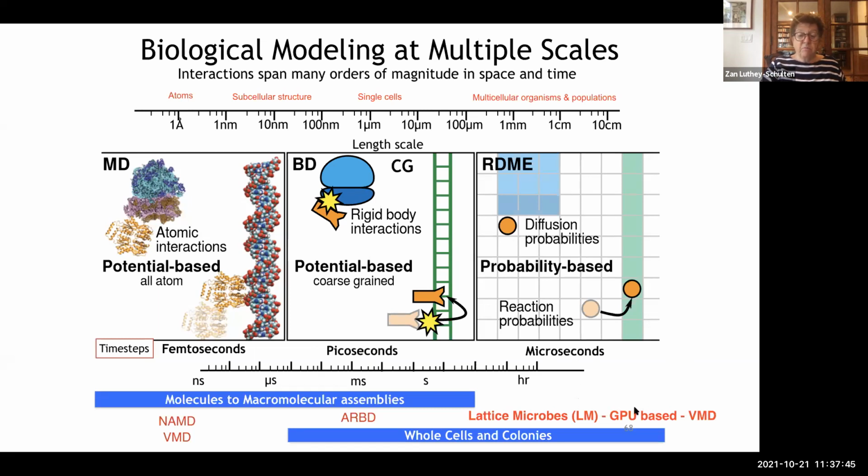And it is completely GPU based and also uses VMD to look at it. Although the movie on E. coli, that was done with Blender, so we could piece together bits and parts of the simulation.